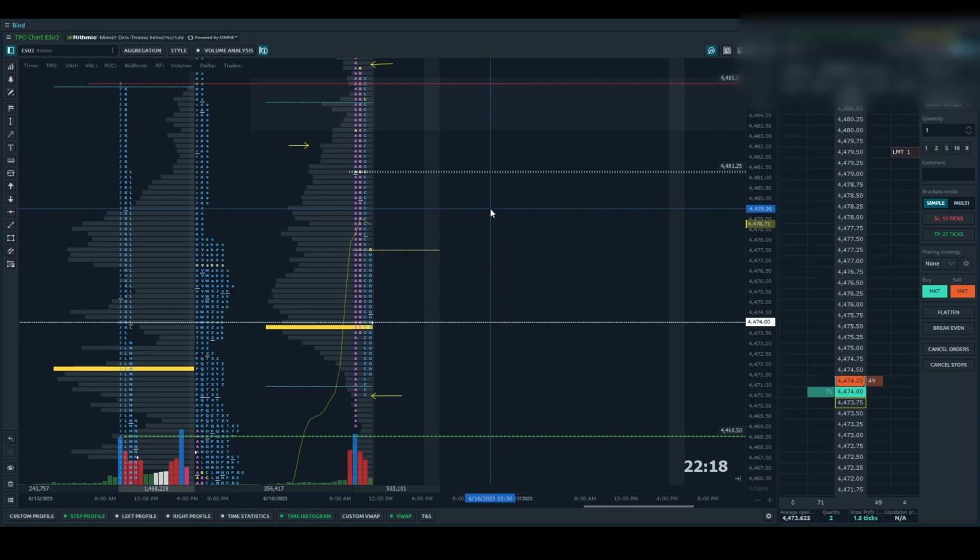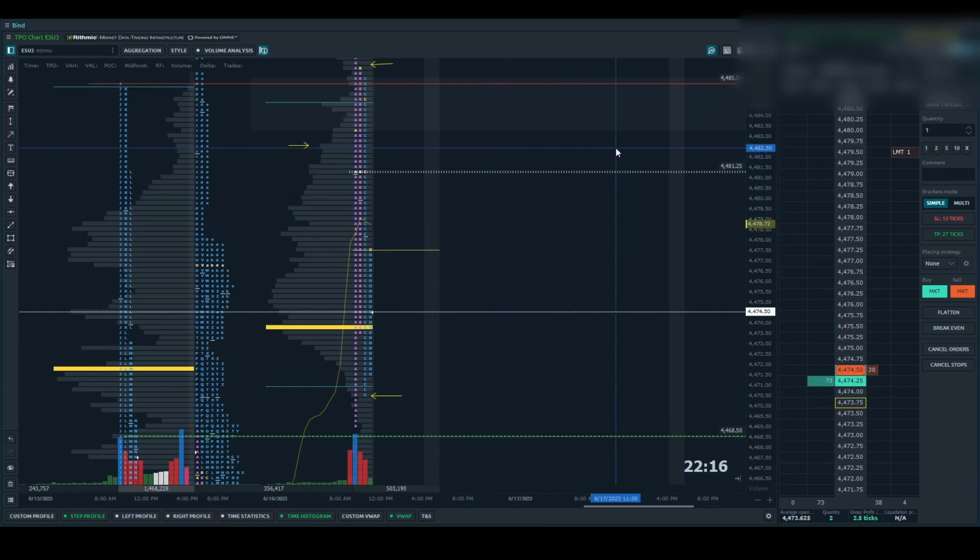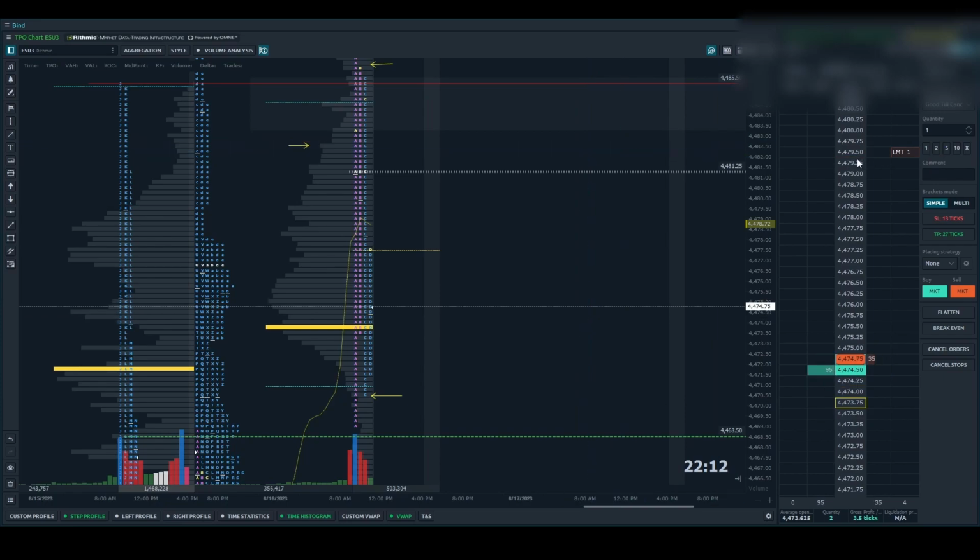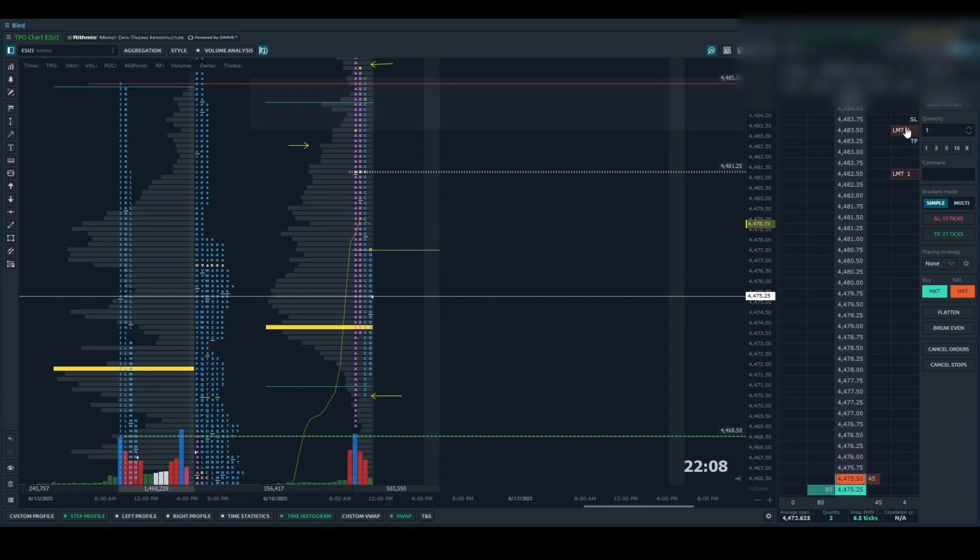Take a look at our targets. So this one would be too close. I'm still looking at that 250. We'll put them there. We'll put them both there just for now.